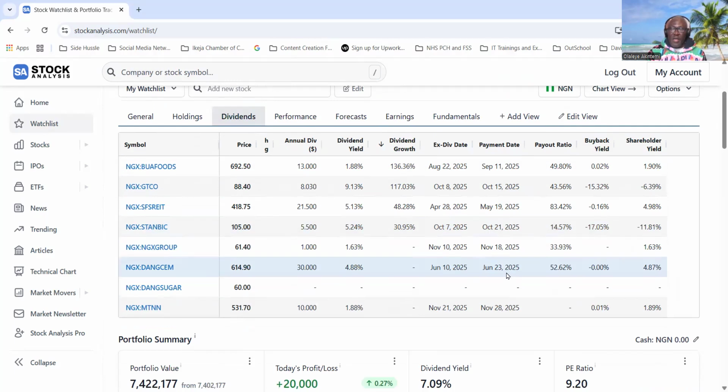So if you have any stock and you're not sure whether they have paid any dividend in the current year, all you need to do is come into stockanalysis.com, put in the names of your stocks, and then come here and have a look under payment date. And then you can see what dates they have actually made payment. For example, Dangote Sugar has not made any payment this year, but all the other stocks have made payment this year.